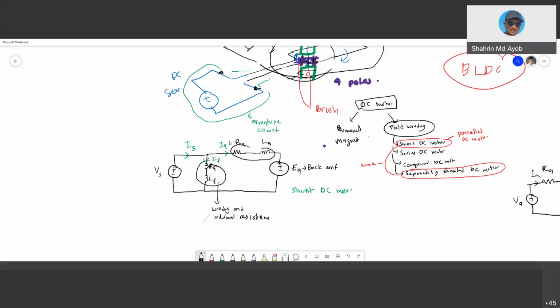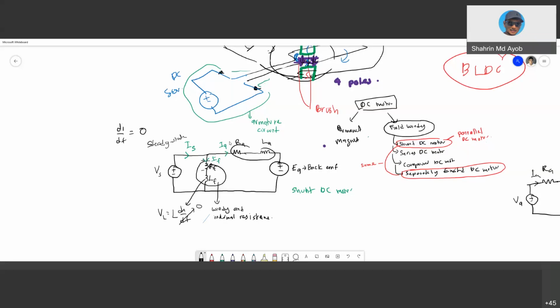But for steady state operation, meaning that all are constant, there is no change of speed, there is no change of currents, and so on. If there is no change of current, di over dt is zero, right? So we know that the voltage across the inductor, VL, is L di/dt. But since there is no change in steady state operation, the speed is constant, so this one is zero.